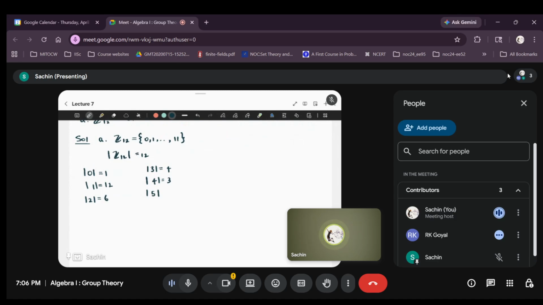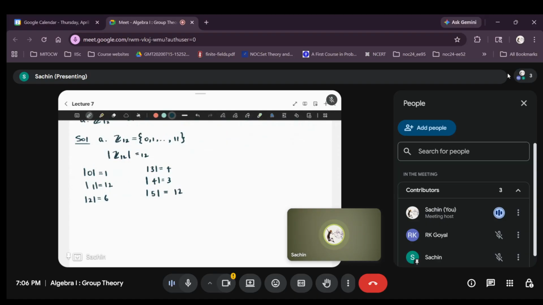Yes, because 5 and 12 are relatively prime. So smallest common multiple is 60. Actually, even in the other cases, it's the least common multiple divided by the element itself. So its order is not 60, order is 12. So it's 60 by 5.